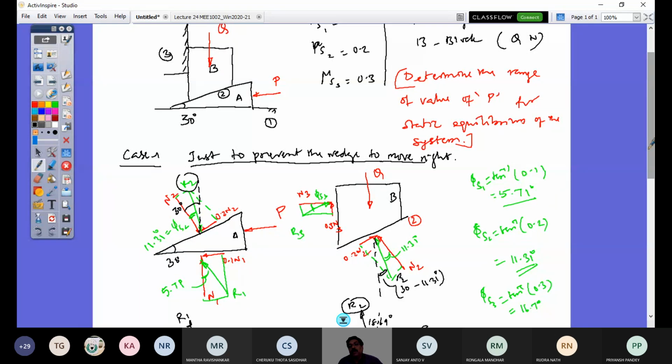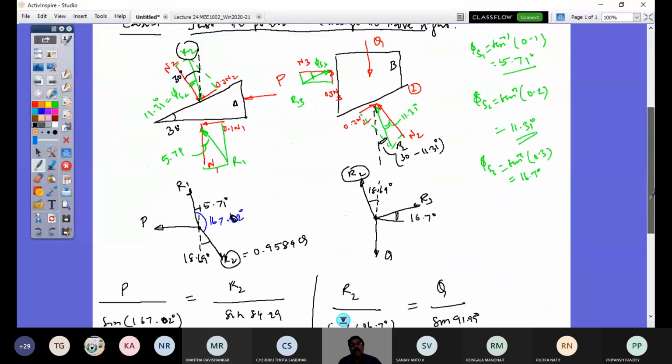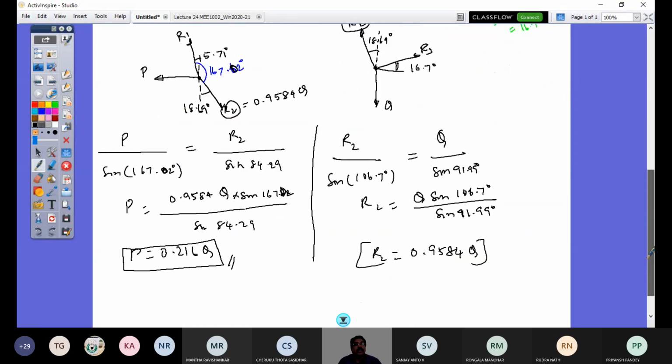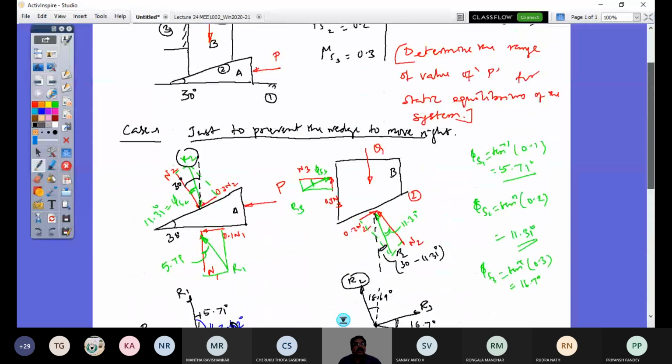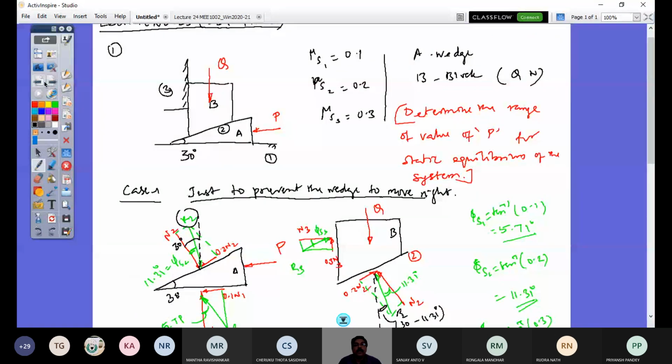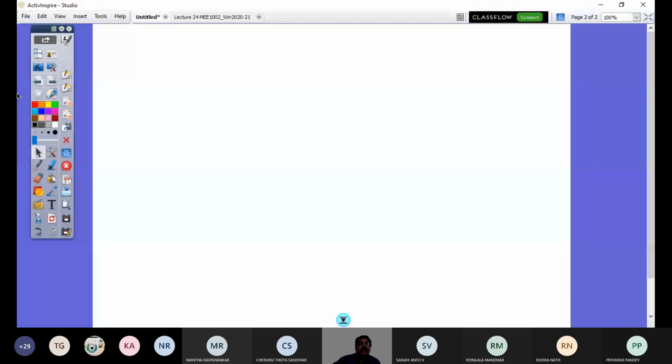So then what would be the changes in this problem? I would have the changes like this. So let me just take this picture once again. Okay, so let us go to the second state. So there I have my wedge. This is case 2.